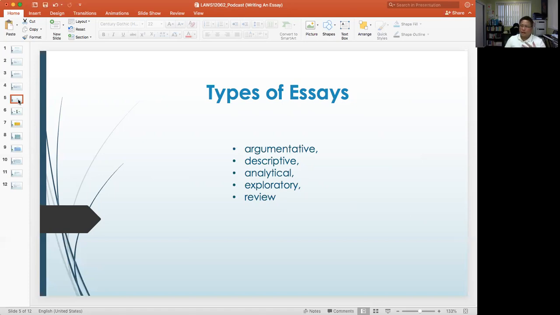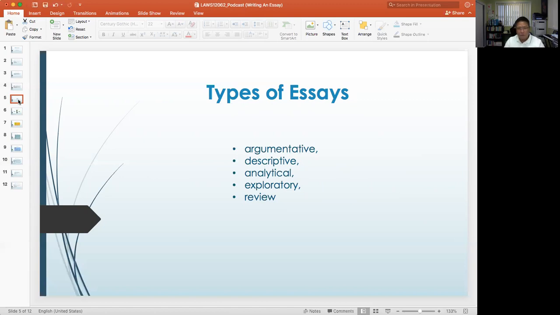Now, oftentimes, when you do an essay, although it can be analytical, in a sense, you're also always advancing an argument. Behind that analysis is, in fact, an argument you're making. It all depends on whether the focus is to really make an argument or just doing an analysis of the effectiveness or the strength or disadvantages of a particular topic.